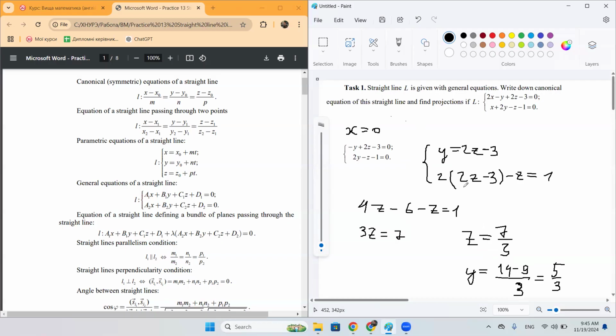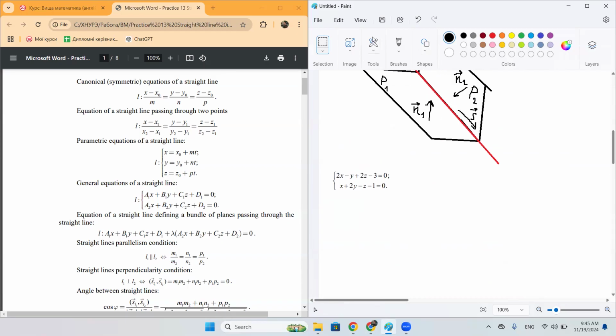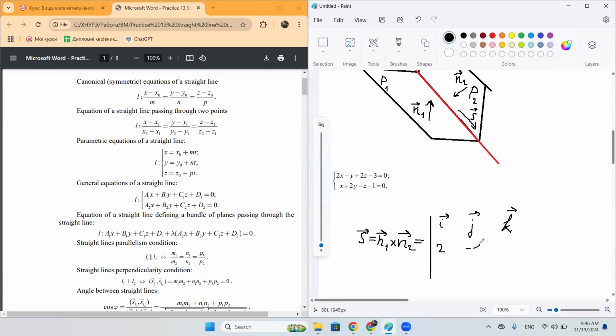Okay, we'll copy and paste these equations just for easier finding, so that these vectors are in front of my eyes. The rows are 2, minus 1, 2 and 1, 2, minus 1.